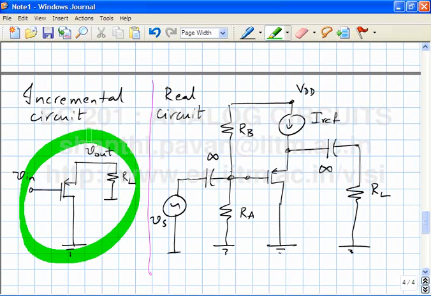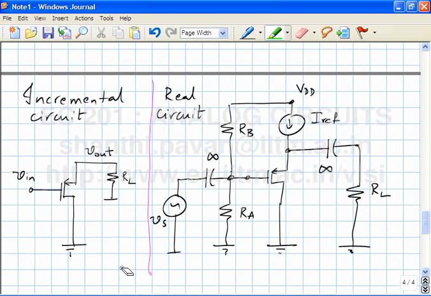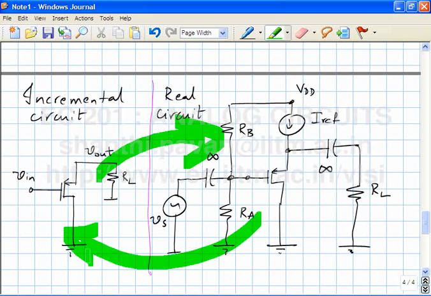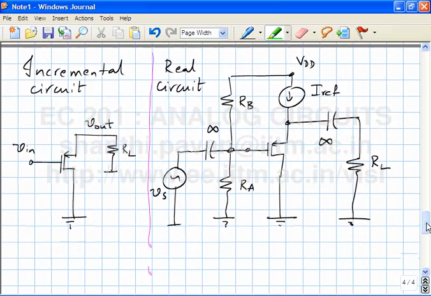I hope you understand that now. And from here to here there are any number of ways of doing it. Okay, but the mapping from here to here is only, a given circuit will have only one incremental equivalent network, whereas to realize a given incremental circuit there are many ways of coming up with the real network. That makes sense?